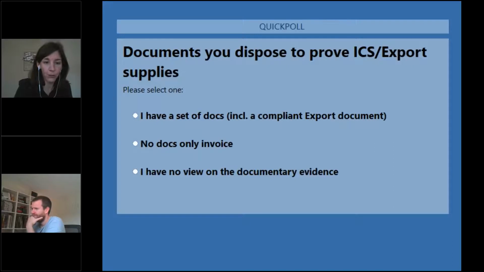B, no document at all, only the invoice to your customer. And then answer C, this is more from the logistics department of my company: I have totally no view on the documentary evidence we have in our possession to demonstrate such type of transport.